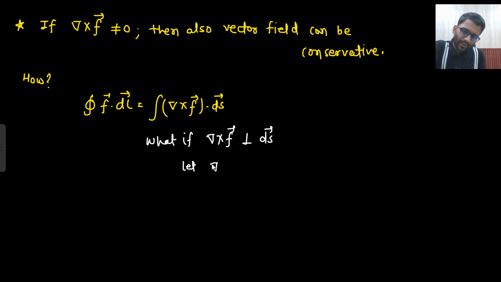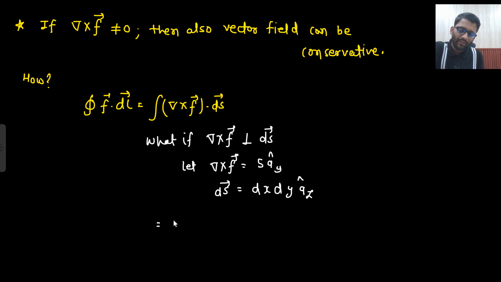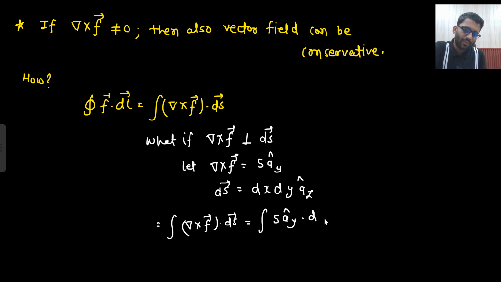Let del cross f be 5 ay cap and ds be dx dy az cap. Then what will be the value of del cross f dot ds? 5 ay cap dot dx dy az cap, and that will be equal to 0.